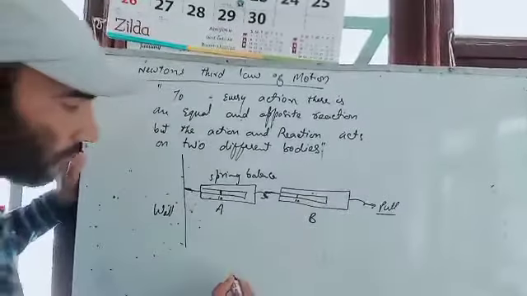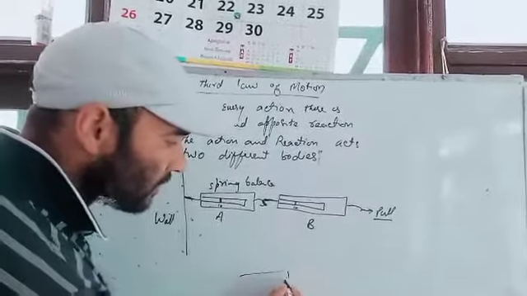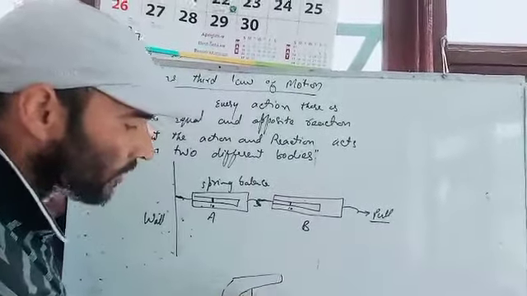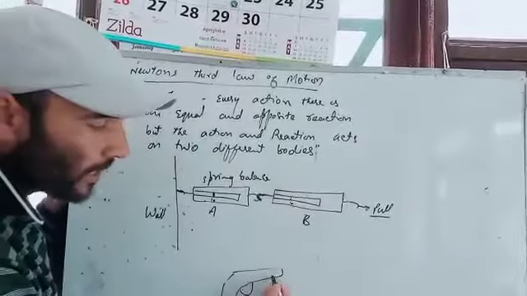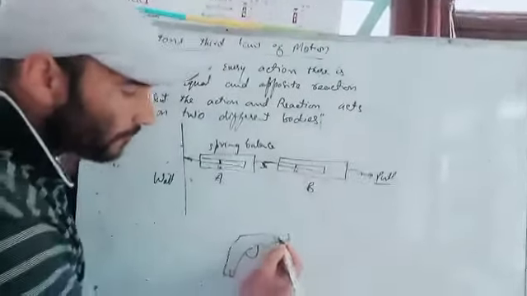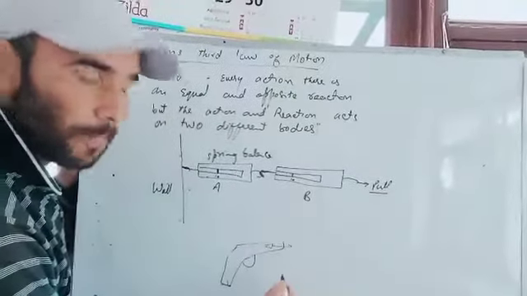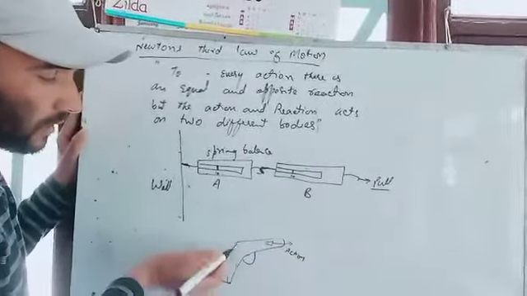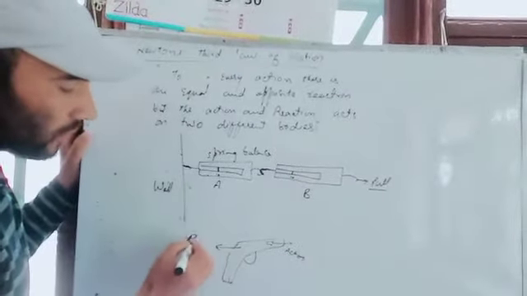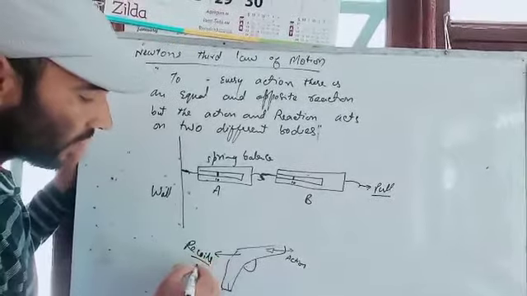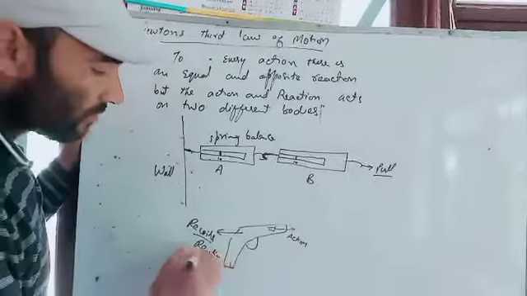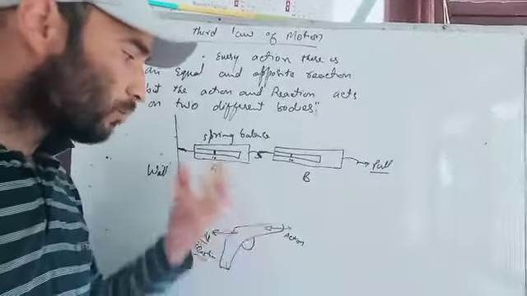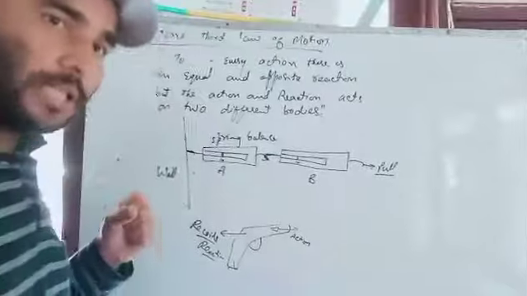For example, this is a pistol. When a bullet is fired from the pistol, it is the action, and what will be the reaction? The gun recoils back. You might have seen that when the bullet is fired, the gun recoils backwards.